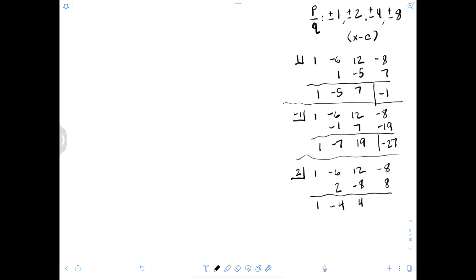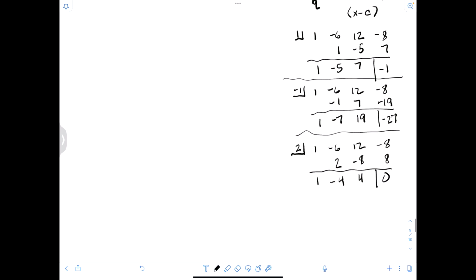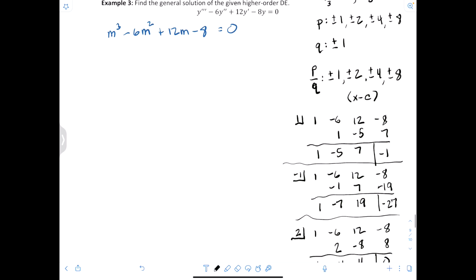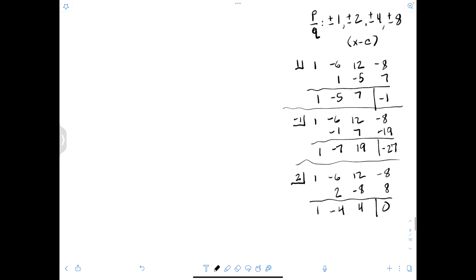And then, woo, we got it. So basically, what did we find? We found out that x minus 2 is a factor of the polynomial.